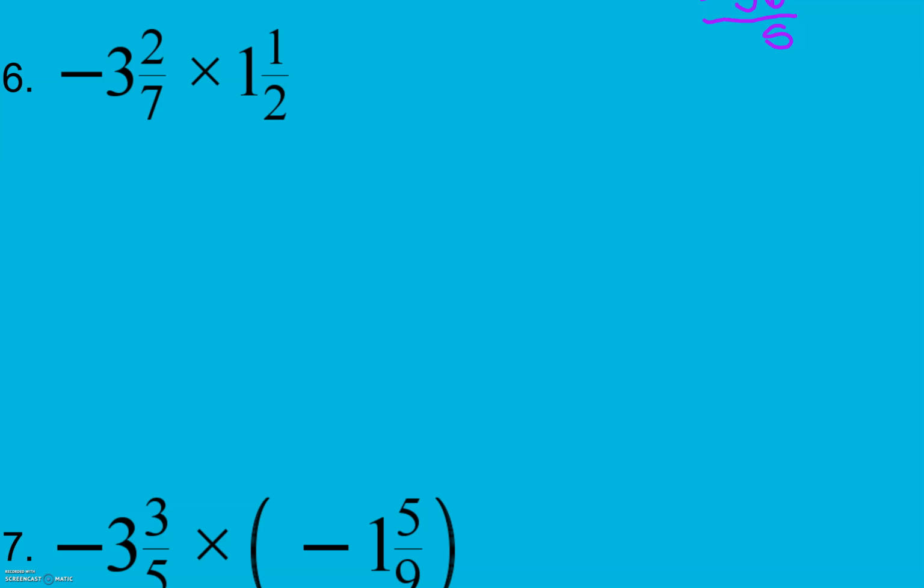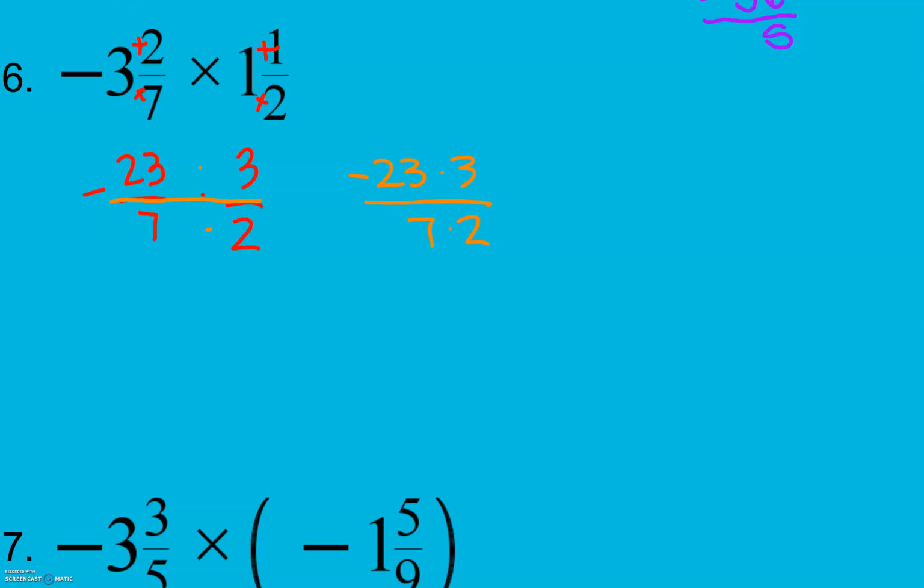In 6, I'm going to switch from mixed numbers to improper fractions. 7 times 3 plus 2 gives me 23 over 7, and again it's negative, so we label it as negative, times 2 times 1 plus 1, 3 over 2. We multiply straight across, so I get negative 23 times 3 over 7 times 2.